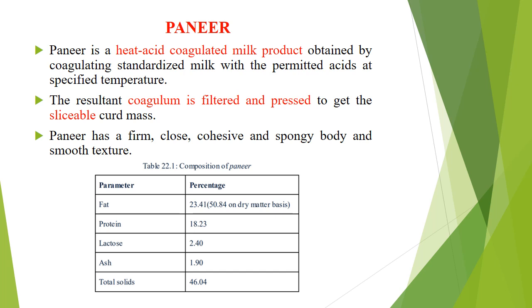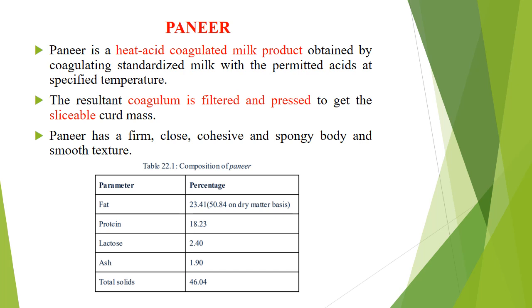When these acids are added to the standardized milk, the milk starts to coagulate. The resultant coagulum is filtered and pressed to form a sliceable curd mass. Paneer has a firm, cohesive, spongy body and a smooth texture.